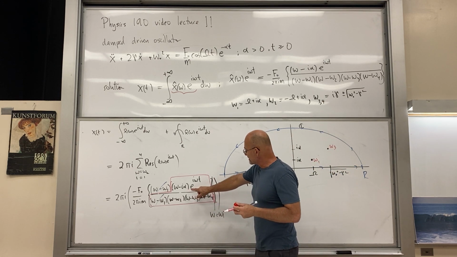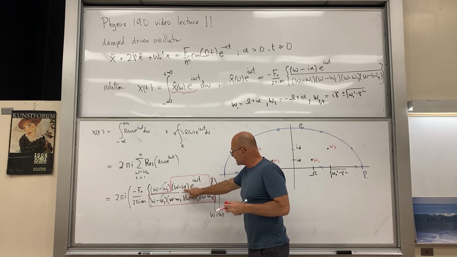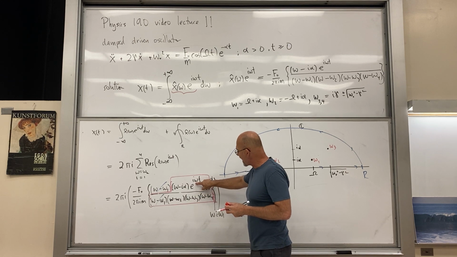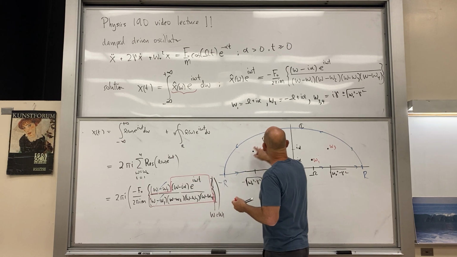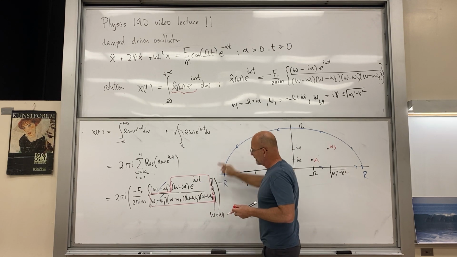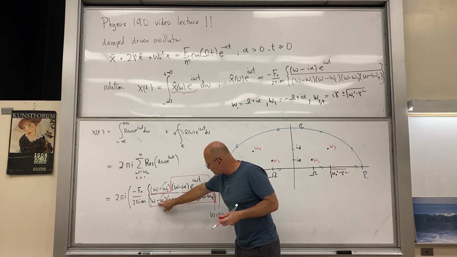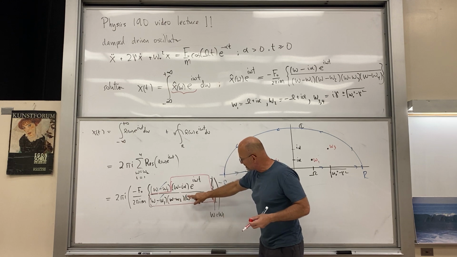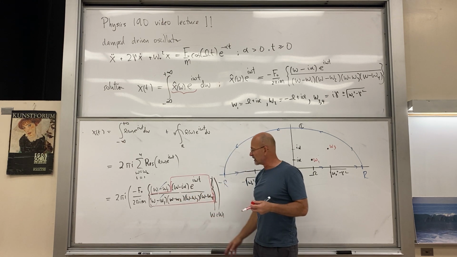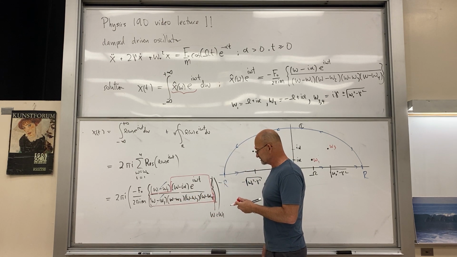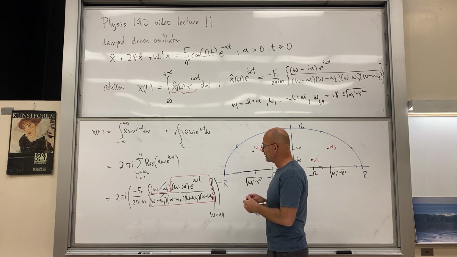So now this is evaluated: omega 1 minus I alpha e to the I omega 1 t, and omega 1 is this one right here. And then the product of these 3, this is the one that would have been a pole that vanished, so these just give these 3 complex numbers that you're multiplying with each other. And you do this 4 times.